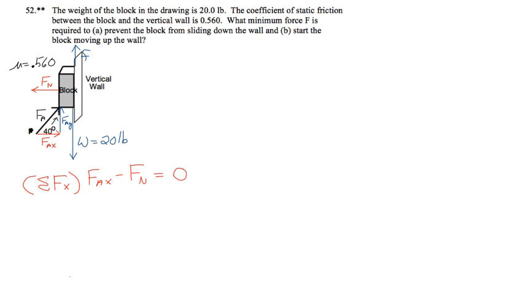Who can tell me what I should be writing when I sum up my forces in the y direction? Again, we're going to call up the positive direction and down the negative direction. Yes. Okay, and I'll put the FAY first because I just like to have my two components first. So FAY is correct, plus F, because both of those are up, minus W, and again, they would equal MA, but in this problem, we want it right when it's the minimum force required to prevent it from sliding down.